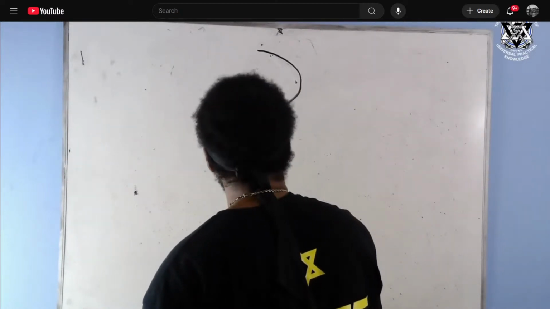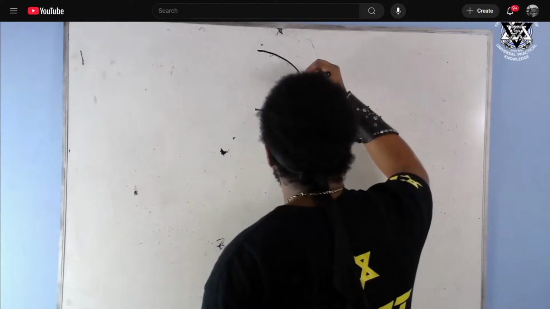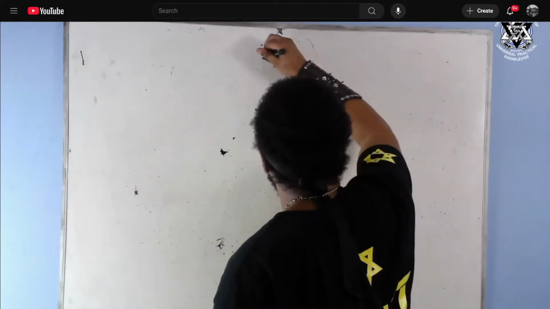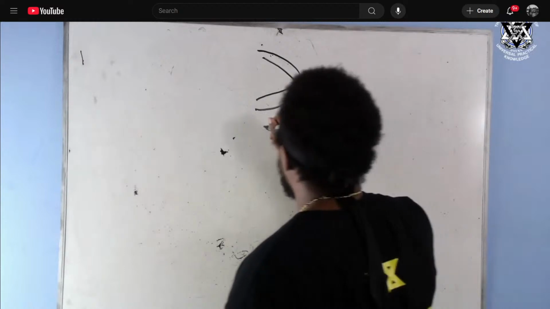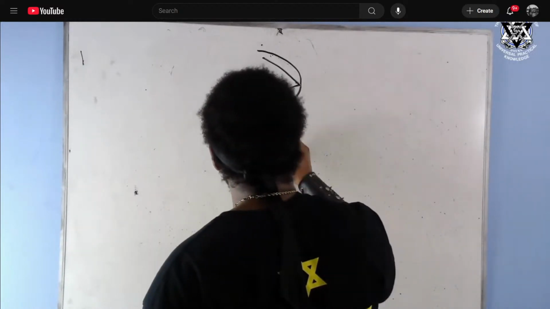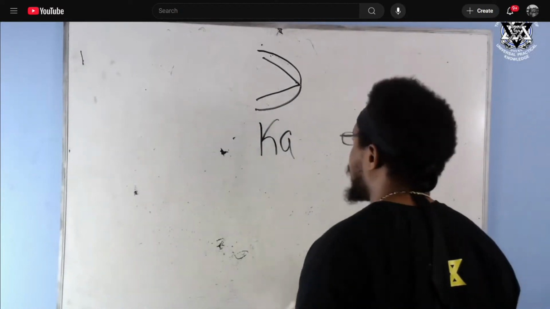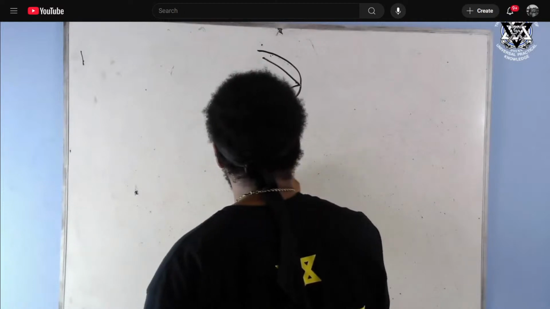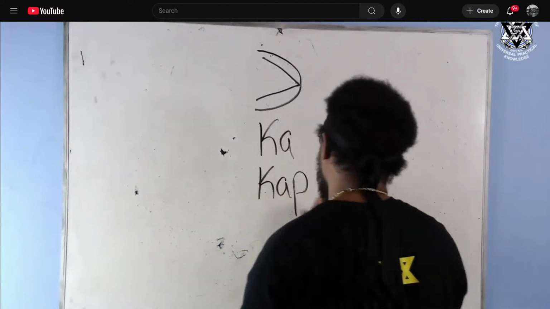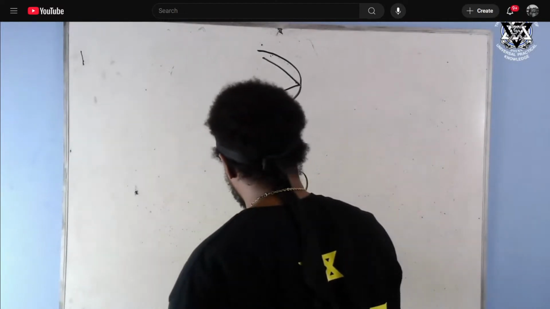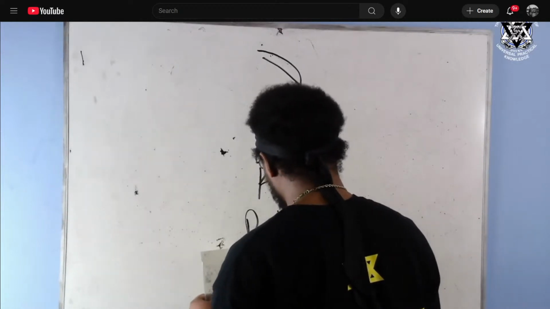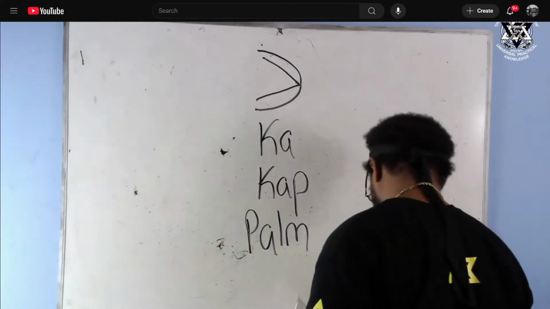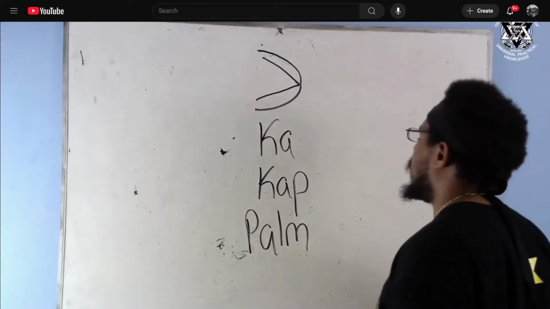We got Ka. It comes from the word Ka, meaning palm, like the palm of your hand.